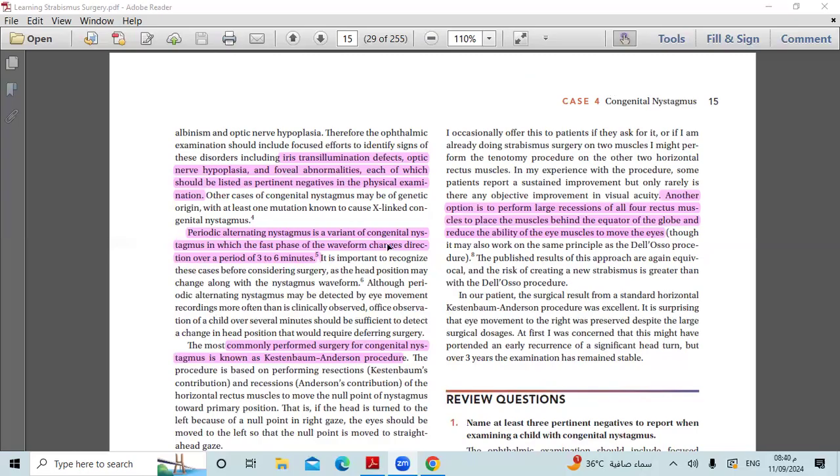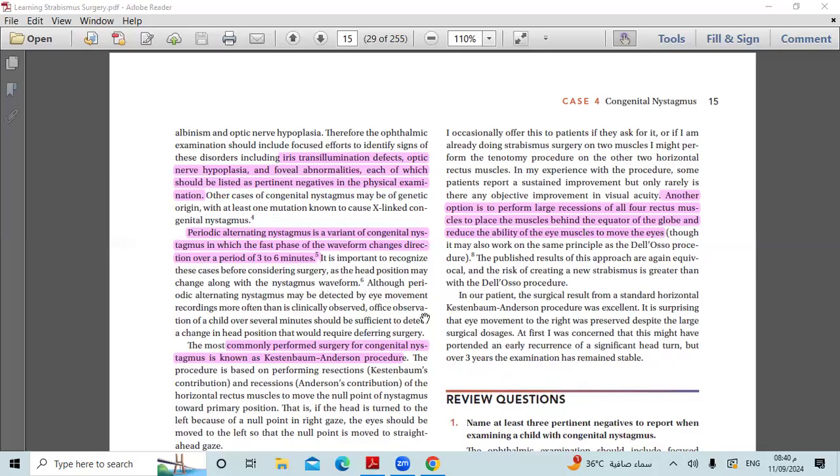Yes, okay. Again, when you have a large recession in both medial rectus and lateral rectus in the same eye, with a large amount behind the equator, the palpebral fissure should be very, very narrow after the surgery, because here the new insertion of the medial rectus and lateral rectus is behind the equator and some new action like a retractor muscle will appear.